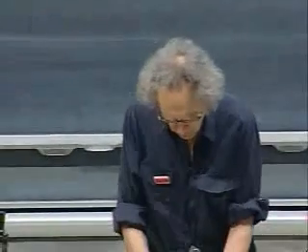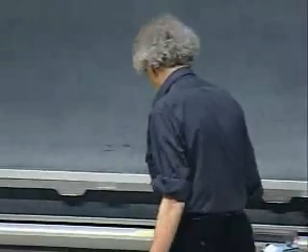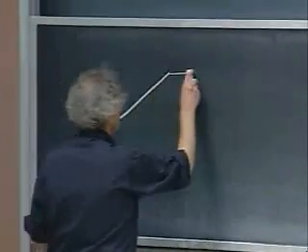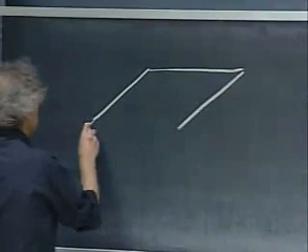Today, I will expand on this a lot further. So let's start with a conducting loop and a magnetic field. This is a conducting loop.